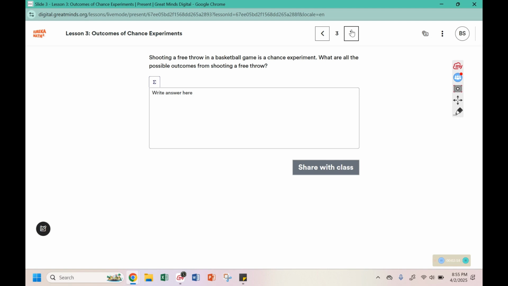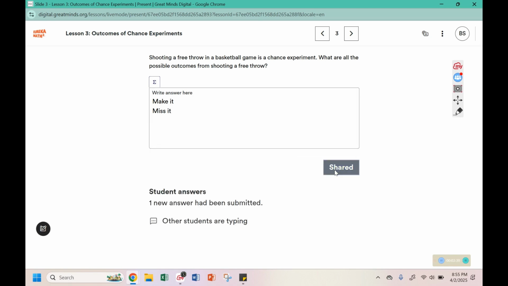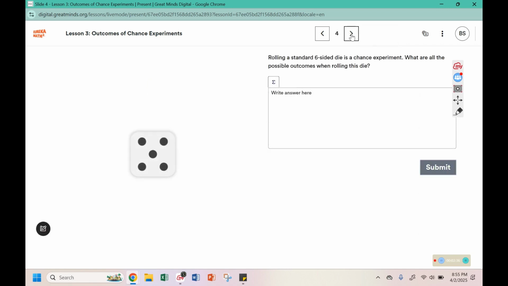Shooting a free throw in a basketball game is a chance experiment. What are all the possible outcomes from shooting 3 free throws? Well, you can make it, or you can miss your shot. Rolling a standard 6-sided die is a chance experiment.